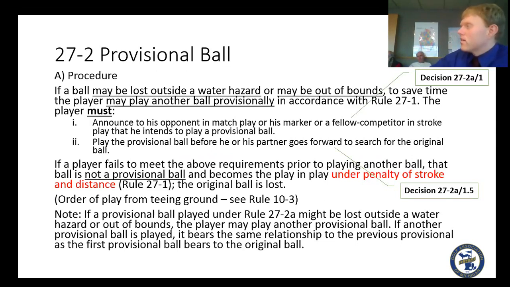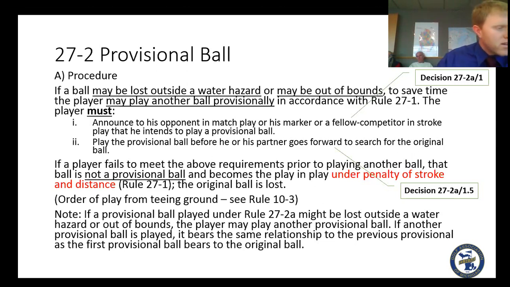There's a decision in there, I don't recall if you have to go back and tee again, or you just assume that the one is the third ball. No, you go back and tee again. All the balls are out of play if you can't identify any of the balls as the original or the sequence of your provisional ball. I thought it was just that you assumed that it was the last one.